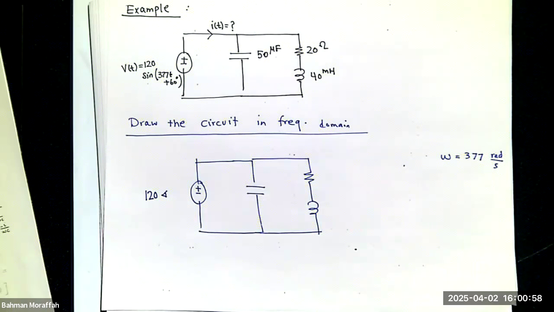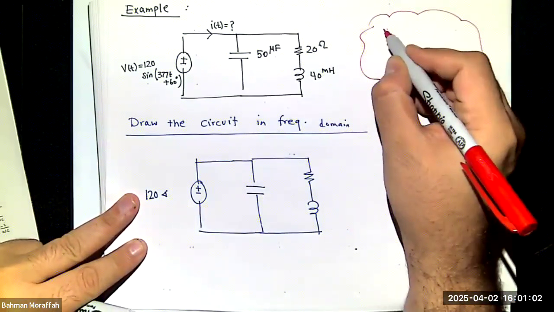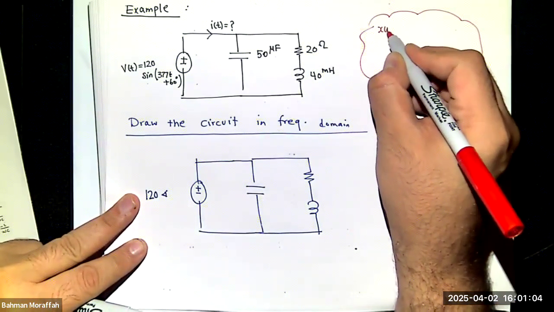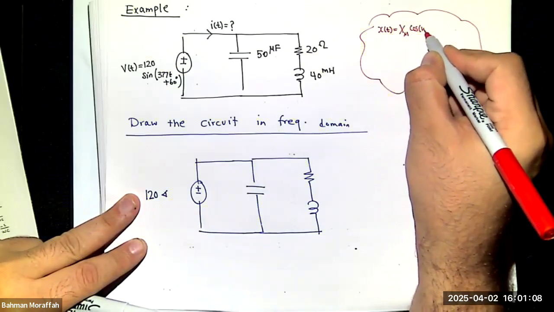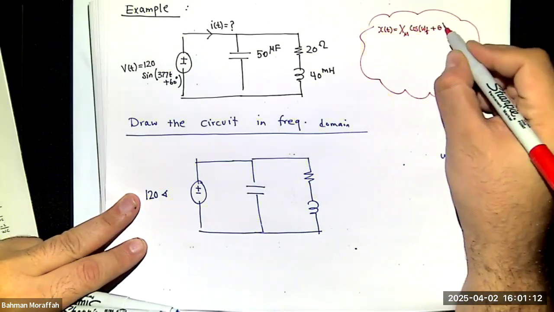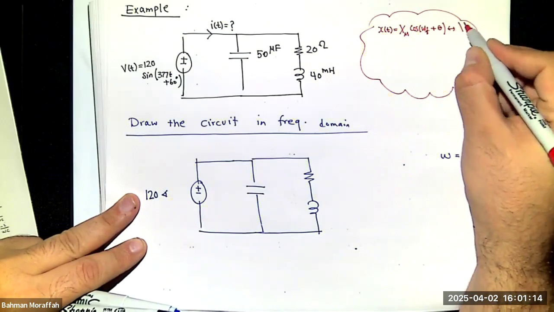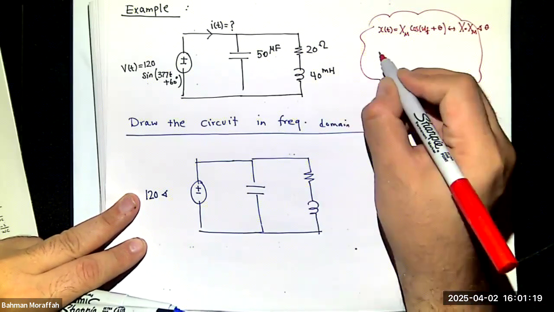So reminder, if x of t is some xm cosine omega t plus theta, the phasor representation X is xm with the phase theta.